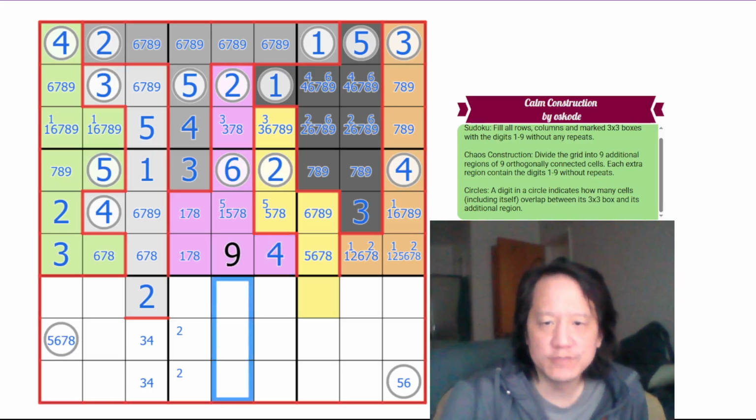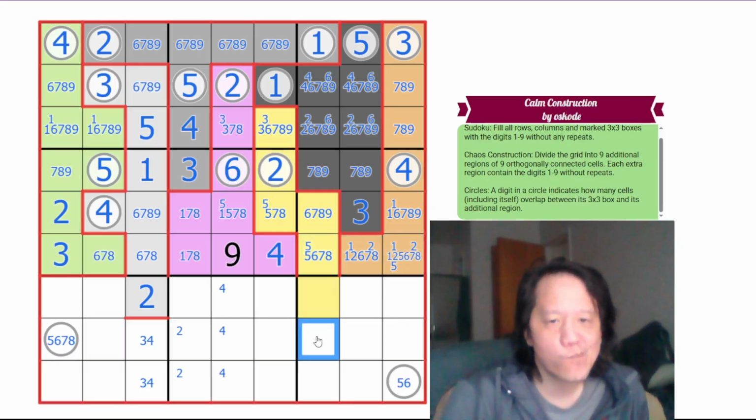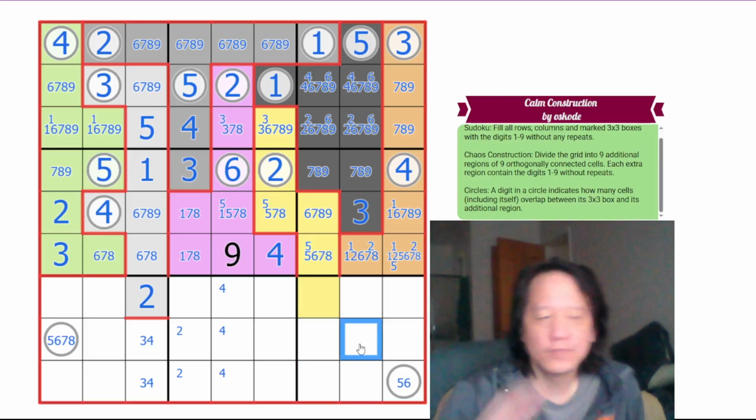Four has to be one of these 3 digits here. Five is one of these 2 digits here. Okay. 2 cannot be here. 2 has to be one of these 2 digits in the column. That's not true. Could be here. Or here. Okay.